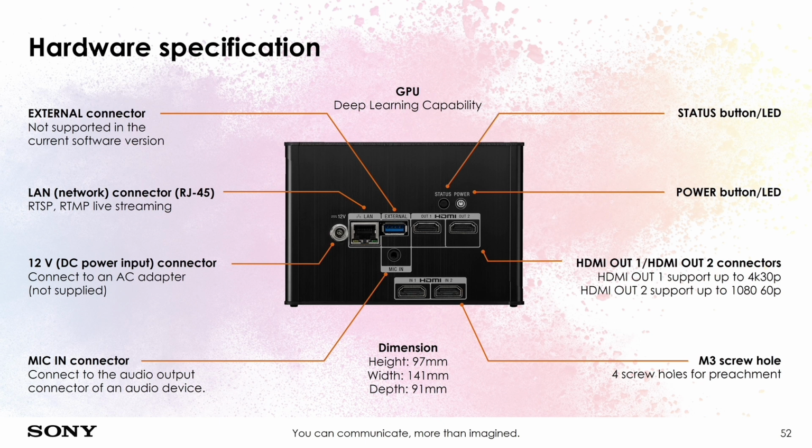And also mic in. And on the right top, status button LED and power button LED. And also two HDMI in and out. HDMI out 1 supports up to 4K 30p, and HDMI out 2 supports up to 1080p.